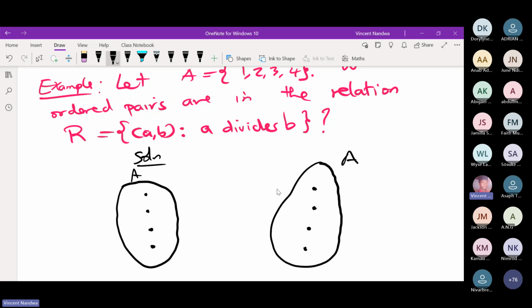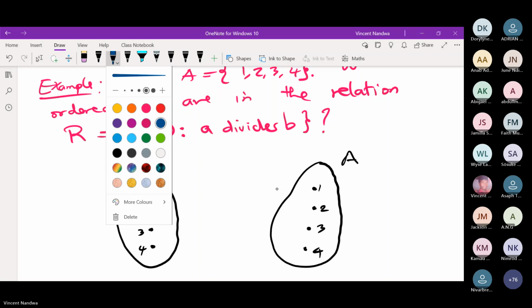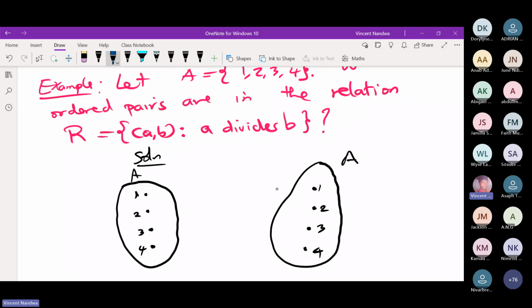Remember the instruction is that we have our elements as (a, b), where a divides b.